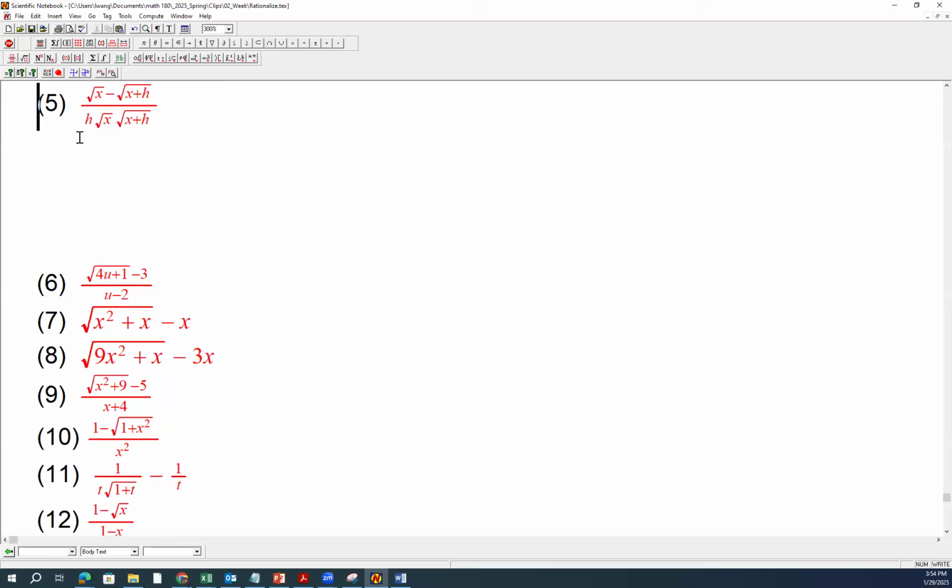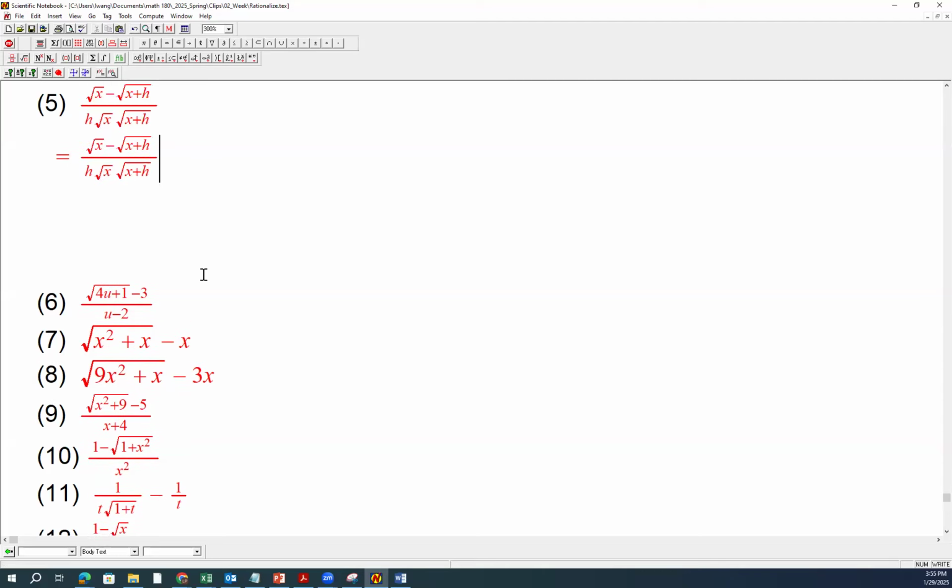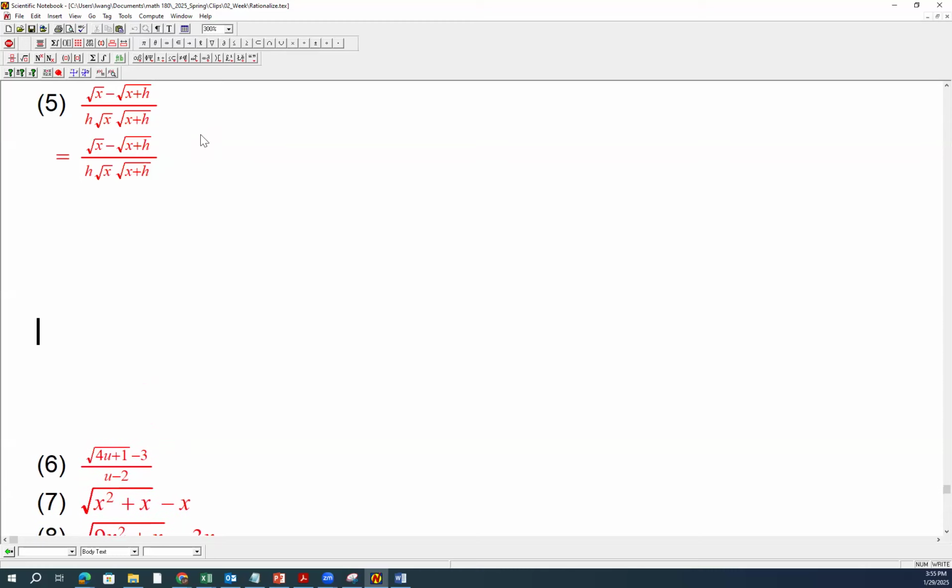Okay, so now let's continue with this one. Okay, conjugate. The conjugate is going to be root x plus root of x plus h. You can see that, right?